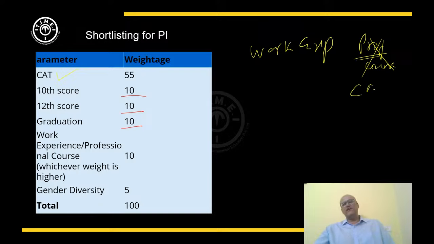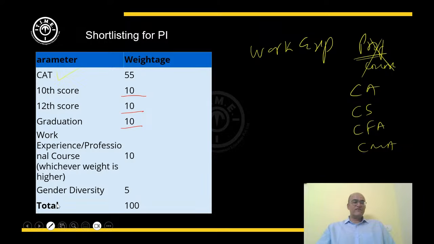As I said earlier, chartered accountancy, CS, CFA, CMA, ICWA, these are all professional courses, right? So if you have not done any of these courses, then work experience will be considered. If you don't have work experience, you have done these courses, you have finished these courses, then these courses will have weightage. But some people may have work experience, may also have these courses, then they will take whichever weightage is higher, then they will consider that.